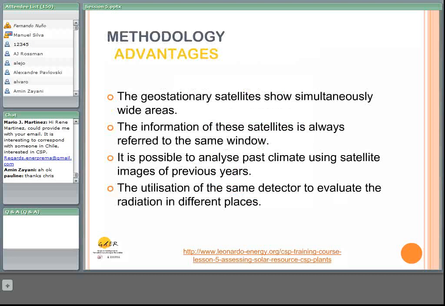So it's possible to develop a time series for a good number of years. Another advantage is that since you cover a wide area with one satellite, you are using the same detector, the same sensor to evaluate solar radiation in different places.